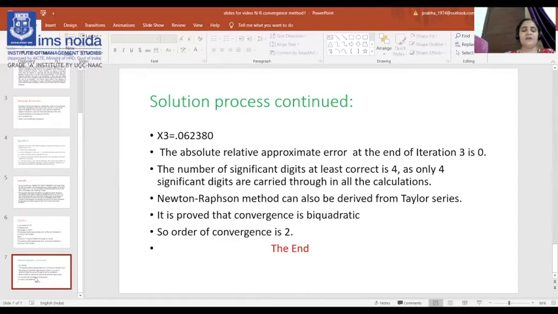So this is about the solution process of the given equation. It will also be shown in the graph, how x is assumed, then how it is applied on f(x).